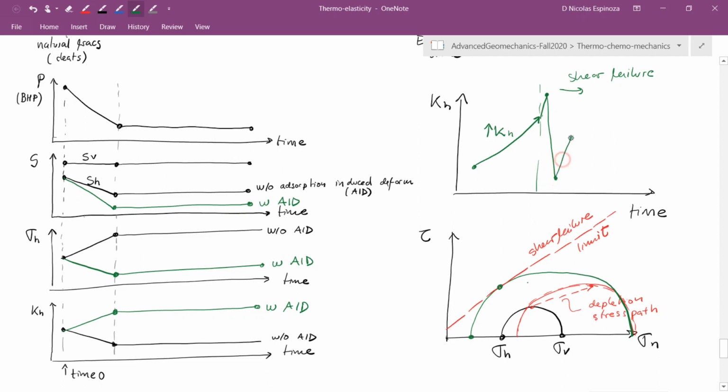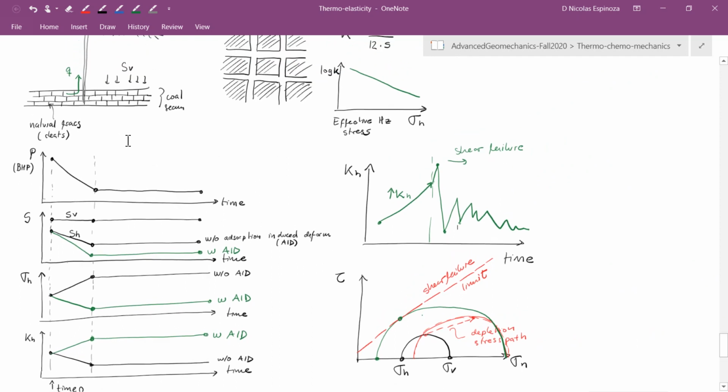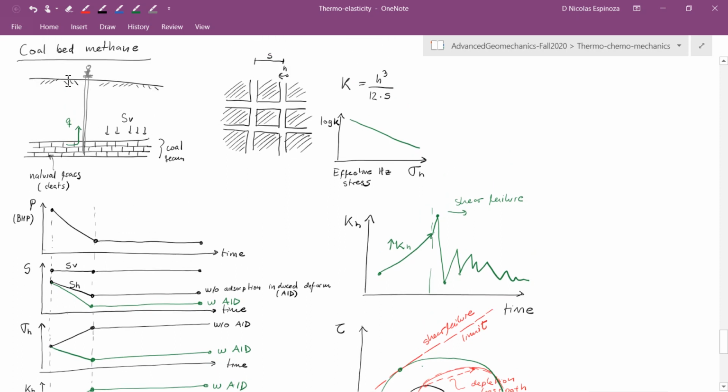And sometimes it may go up and it may drop again, but it's going to get very unstable after the shear failure process. Why? Because we have hit the shear failure line at which the reservoir rock is going to start to fail. And this process that I drew here actually happens in reservoirs, and it actually happens in this type of application called coal bed methane.